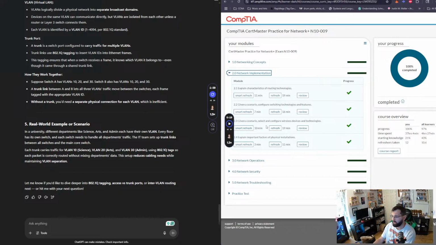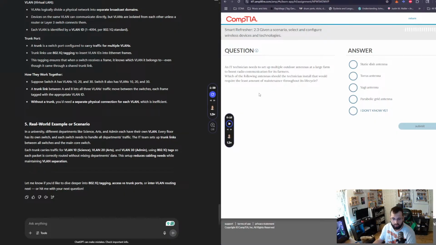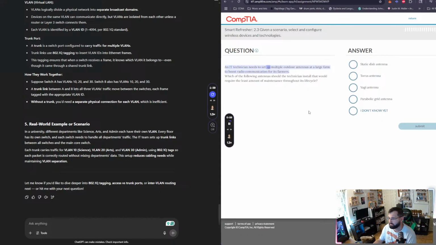We are now moving on to number 2.3. We have 2 sections left. An IT technician needs to set up multiple outdoor antennas at a large farm to boost radio communication for its farmers. Which of the following antennas should the technician install that would require the least amount of maintenance throughout its life cycle?